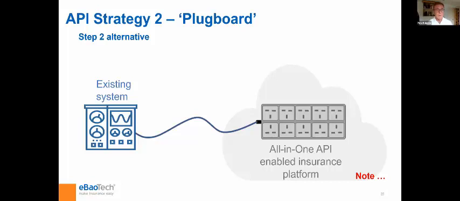So the rate arrives here, but what do you do with it? Well, you've got two choices. You either take it back to your existing system, but we've already decided that's not a good idea, or you don't have to anyway, because the API that you need to process that rate, and Imran's going to show you this in a minute, and so is Richard, is already here. So you can quote, bind, issue all from the plug board, and then add the technologies later.